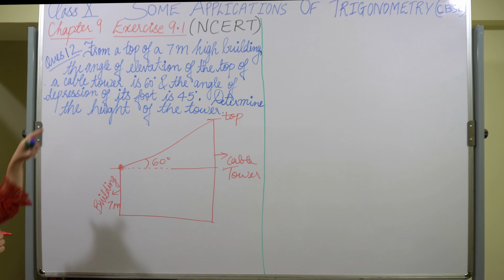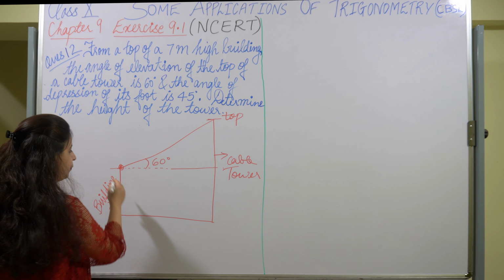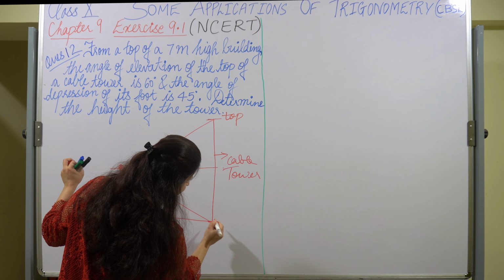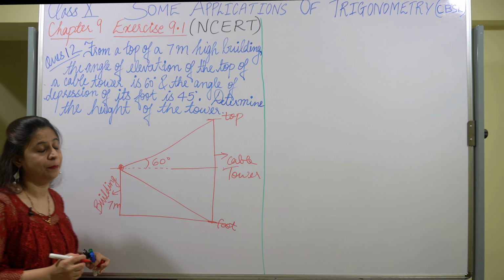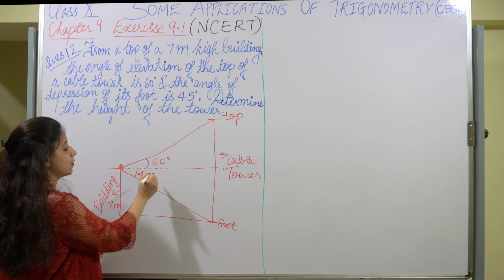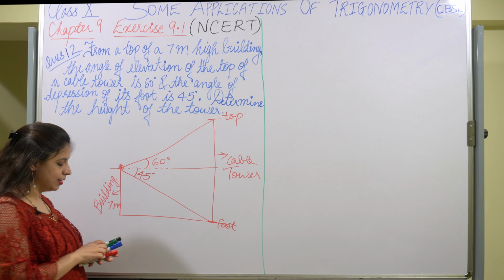And the angle of depression of its foot, this can be considered as the foot of the cable tower, is given to us as 45 degrees.